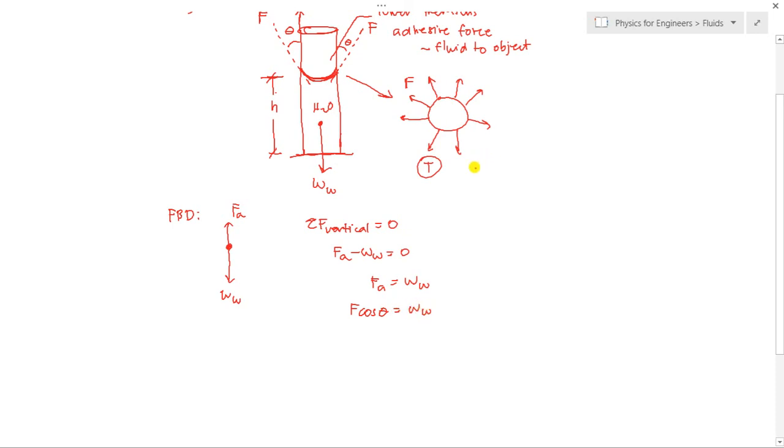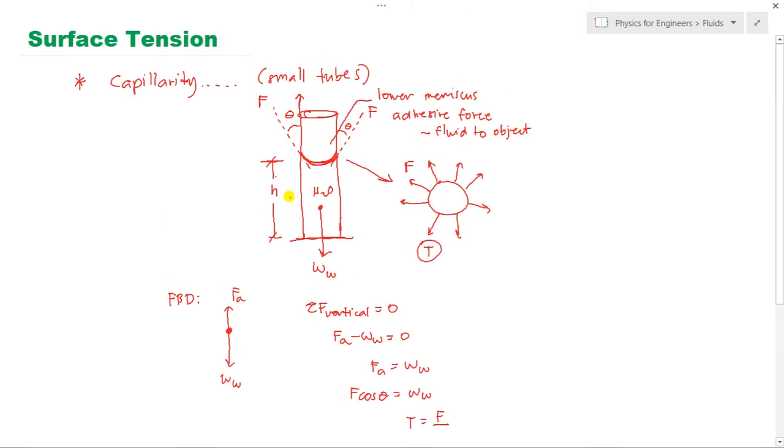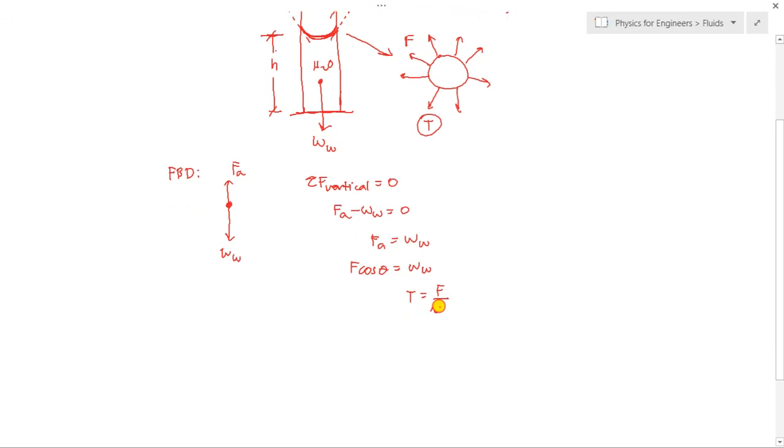Now balik ta sa surface tension, that is T is equals to F all over the circumference of this tube. Let's say ang tube kay na radius r lang, that is F all over 2 pi r, or the circumference. So rearranging this, F is equals to 2 pi r T.